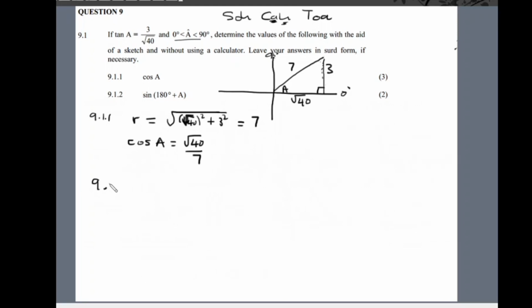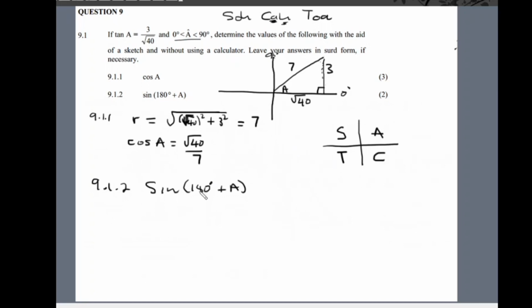And then we go to 9.1.2, and this is where we apply the reduction formula, right? We want the value of sine (180 degrees plus A). Remember from our CAST diagram, in the first quadrant all the trigonometric ratios are positive, in the second quadrant only sine is positive, in the third quadrant only tan, and in the fourth only cos is positive.